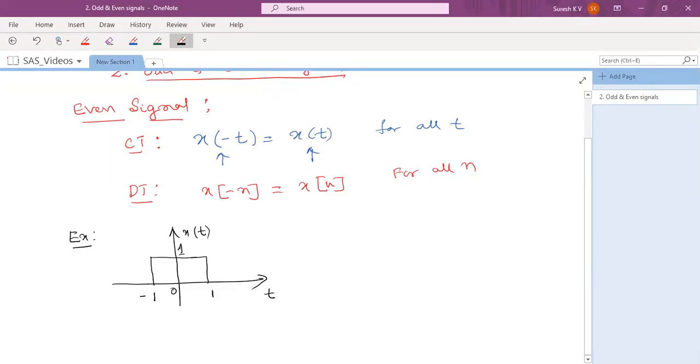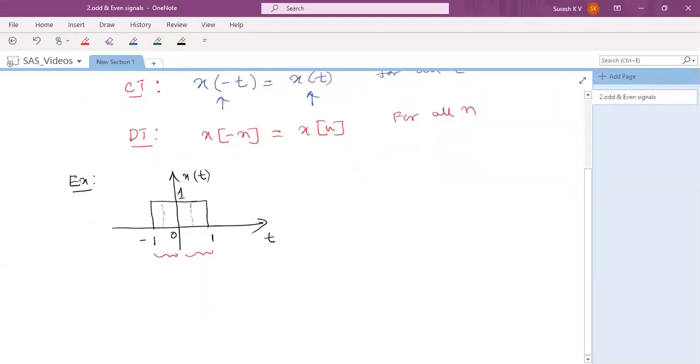So you can see that for all the negative values of t, whatever you have, the same value you have for the positive one. That means the magnitude of the signal remains the same irrespective of the sign of the time axis. That means whatever is true at, say, minus half is true at plus half. So this is a good example of an even signal.